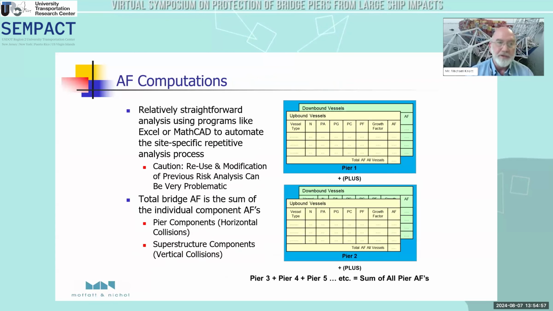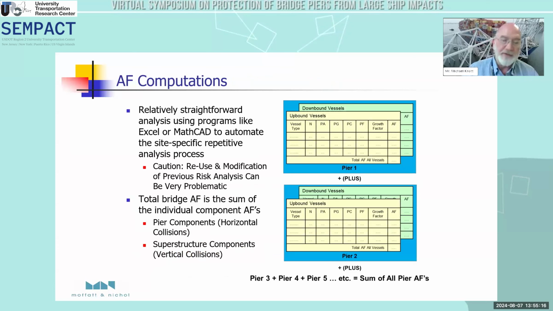So how do we do these AF computations? We typically use an Excel spreadsheet. Some folks use MathCAD to automate the process. For each element of the bridge that can be hit, for example, a pier, we have a tab for inbound vessels and a tab for outbound vessels.